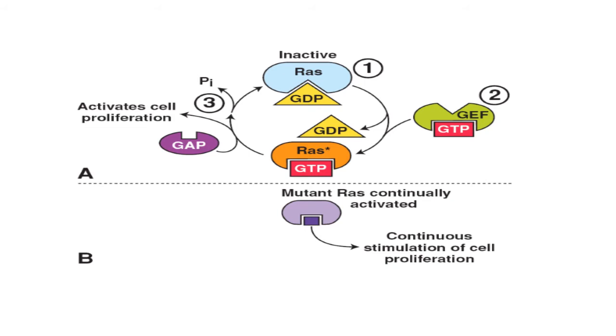Step 1 is showing that RAS is inactive with GDP, and when it is facilitated by GEF and GTP, it turns into GTP-RAS, and GTP-RAS then activates the GTPase activating protein, and GTPase activating protein has two functions.